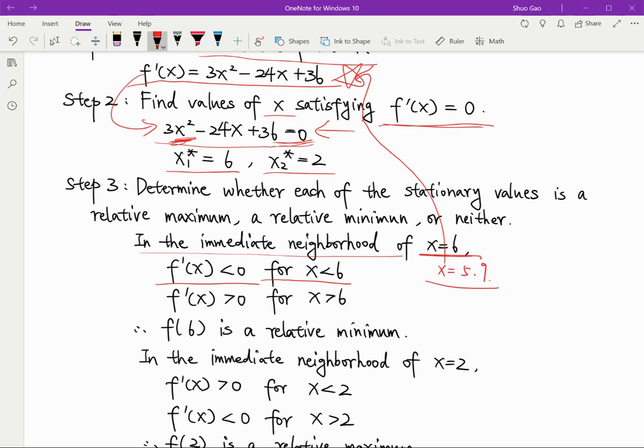And for x larger than 6, for example, you can try x equals 6.1, the immediate neighborhood to the right of 6, you find that the derivative becomes a positive number.